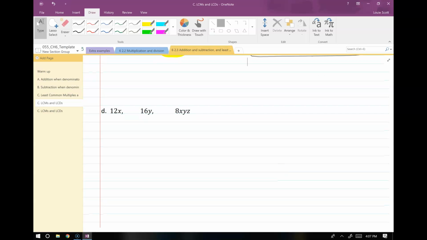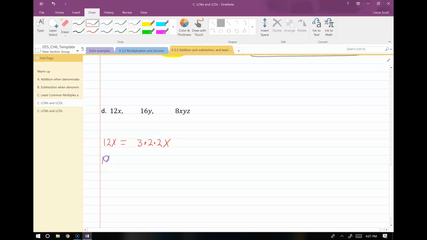Okay, so we've got three numbers, right? The LCD process is the same. We just list them all, and we have to analyze all three numbers for any factors that may be missing instead of two. So I have 12x, which is just equal to 3 times 2 times 2 times x.